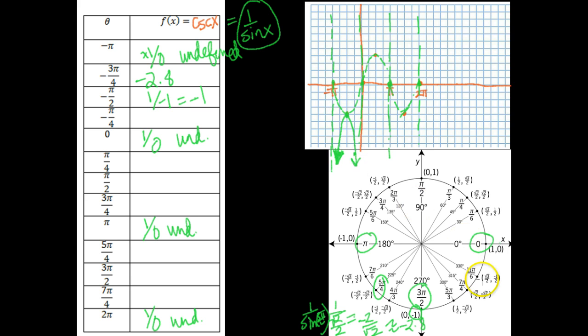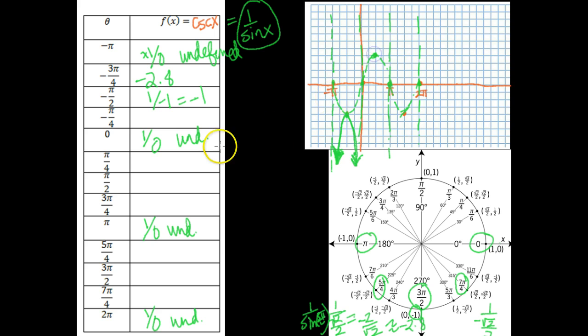But we're looking at, once again, negative pi over 4, that's right here. So it'd be 1 over negative square root 2 over 2, which would land you down here. So this is the actual graph. It's not the sine graph. You use the sine graph, you dash the lines, and then you can see the pattern.